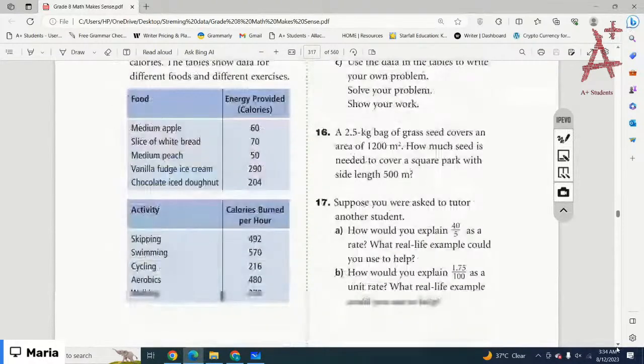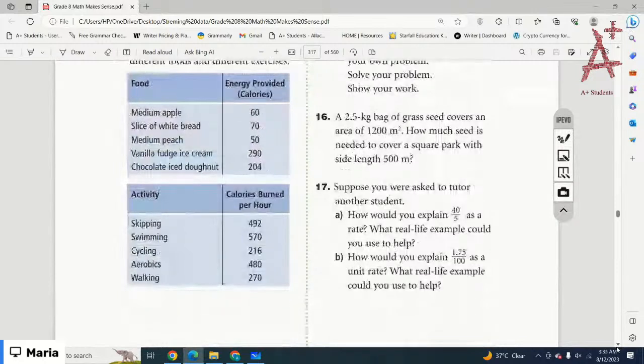A 2.5 kg bag of grass seed covers an area of 1200 square meters. How much seed is needed to cover a square park with a side length of 500 meters? Okay, question number 16.